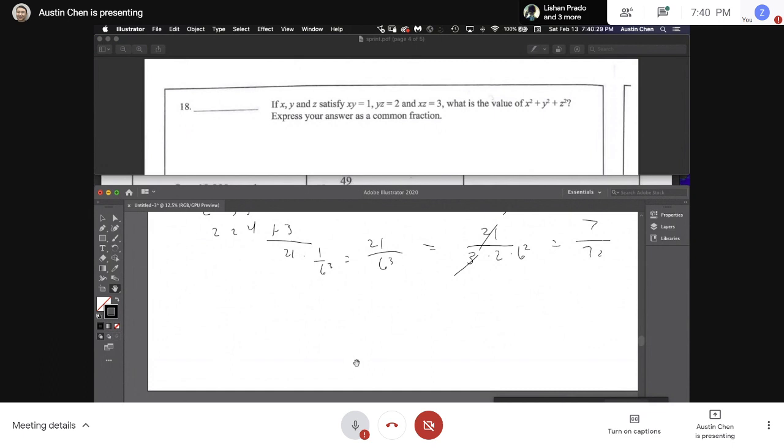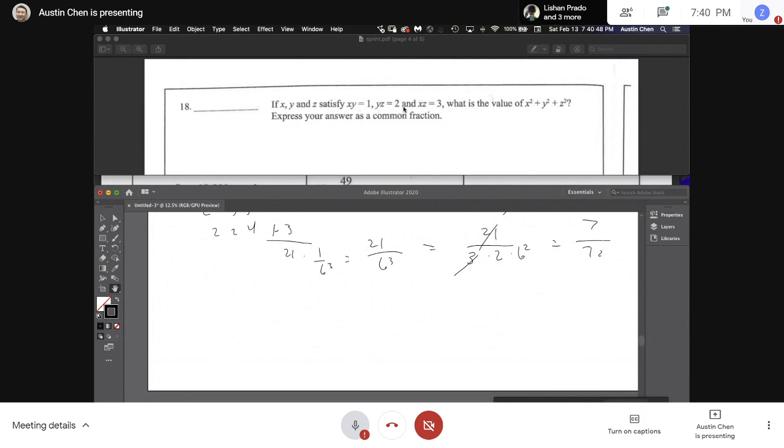When you see xy equals something, yz equals something, xz equals something, you should immediately recognize how to solve for x, y, and z.